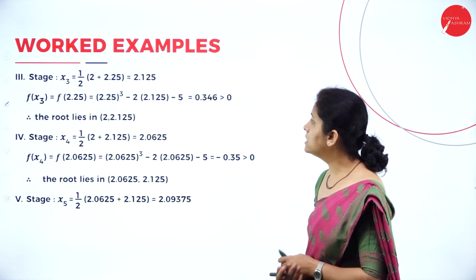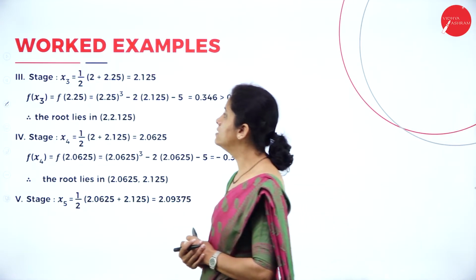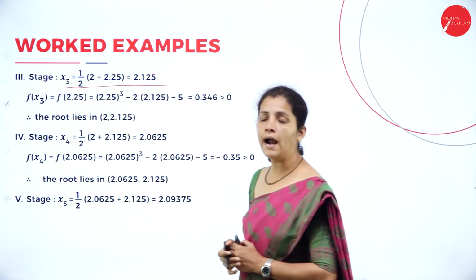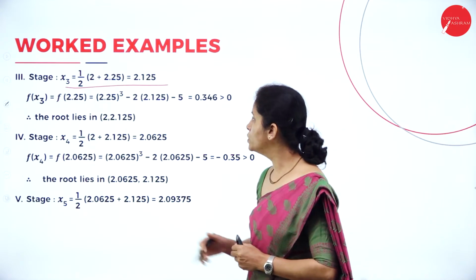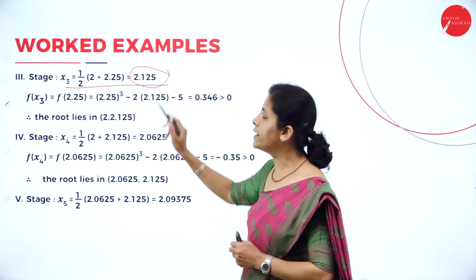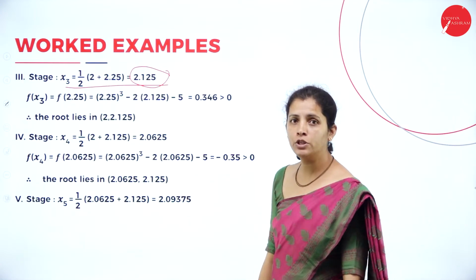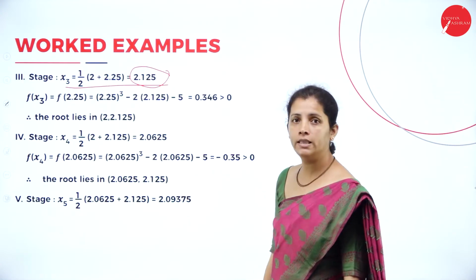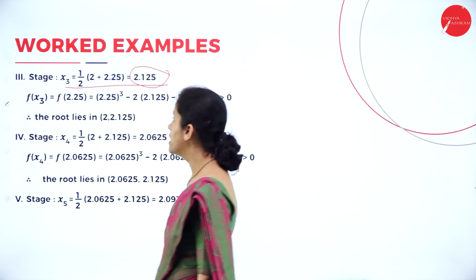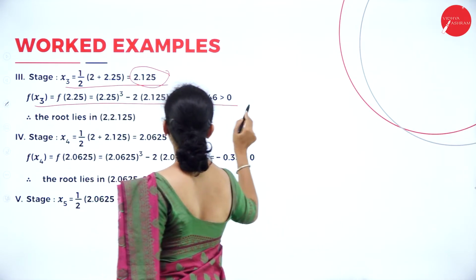Now, in my third iteration, I'm going to divide that number by 2. So, I will get 2.125. And I'm going to substitute this X value in the given equation, that is f of x3.